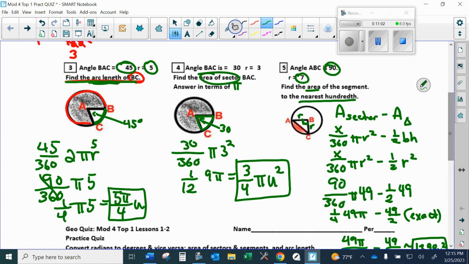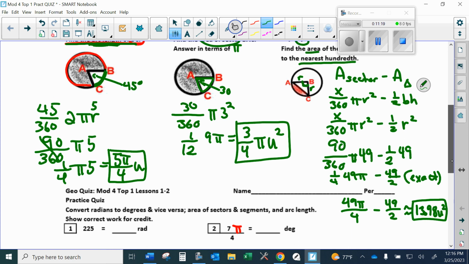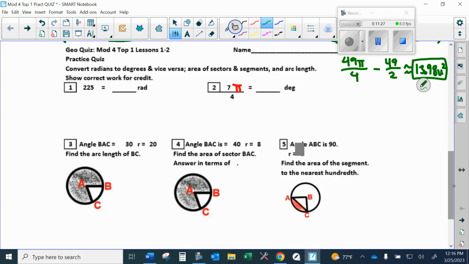I at least see that you've done 1, 2, 3, and 4. I'm guessing you've done 5 in class as well. But if not, done on Mathia, and here it is right here. Okay, if you've been keeping up with your Mathia like you should. So now I want you to pause the video, and I want you to go ahead and work all these ones out.